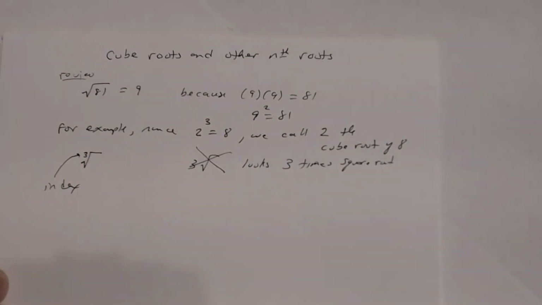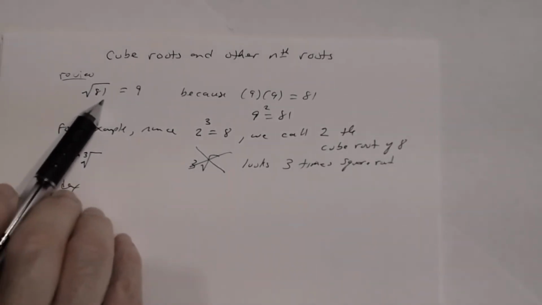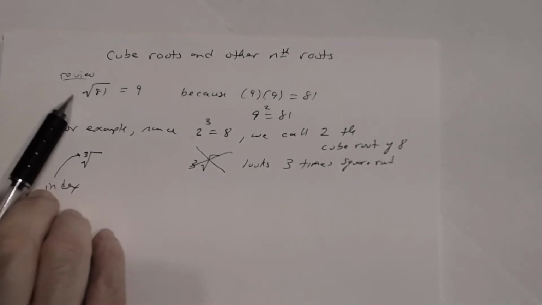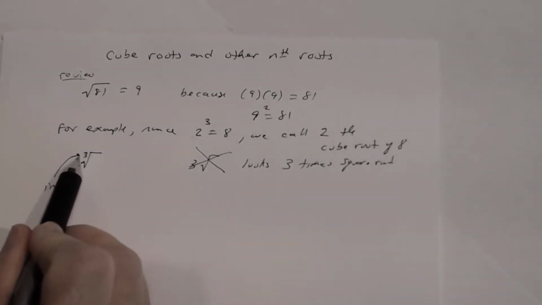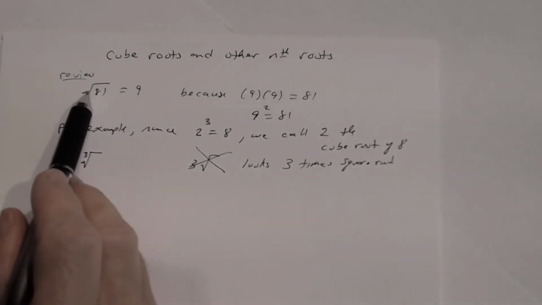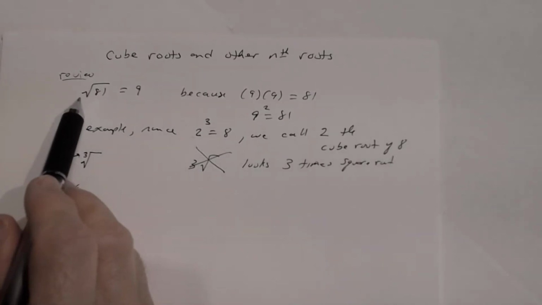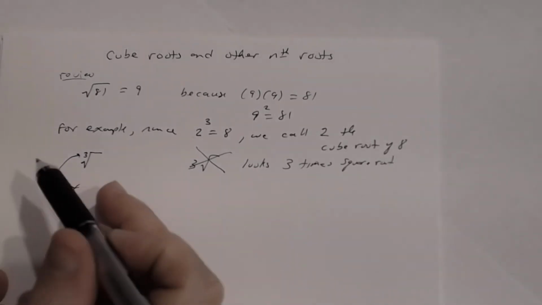All right, so remember in the previous lesson we talked about square root. We never mentioned the word index. So we just knew that something like this meant square root. Well, now we're going to talk about the index here. So the index is this number right here. And you may say, well, there's no number there. Now be careful. Remember when there's usually not a number like coefficients, we think of it as being a 1.